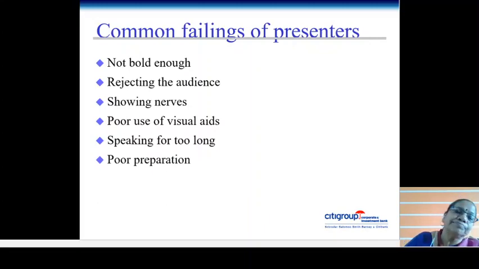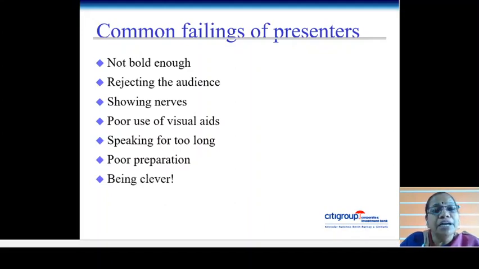Poor preparation. Whenever you are going to present, one should prepare for the presentation. If your presentation is poor, definitely your presentation may fail. Being clever.